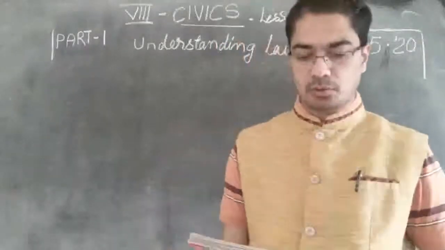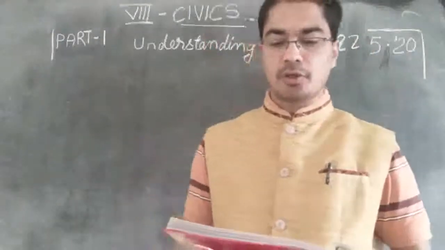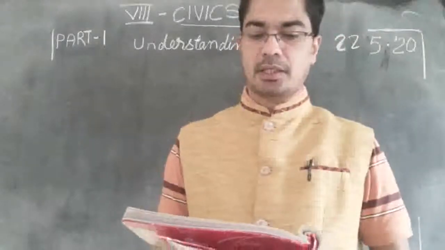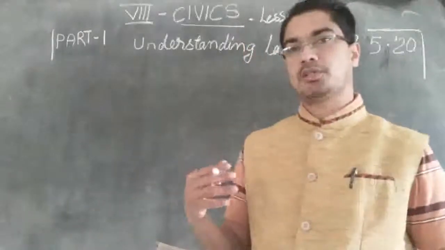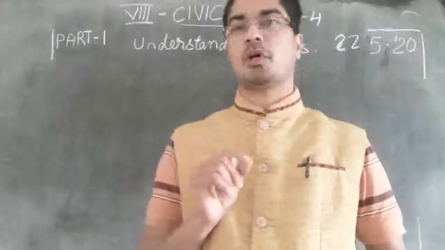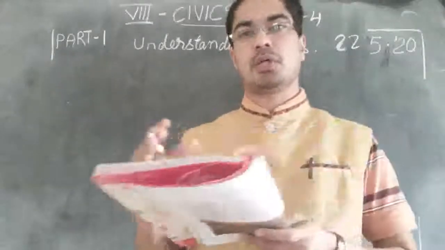So according to this law, what is the advantage? According to this new law, sons, daughters and their mothers can get an equal share of family property. Before this law was made, the property belonged only to the male members of the family. Hindu succession meant the property of the father would go to the son.